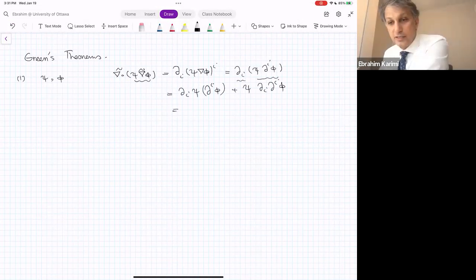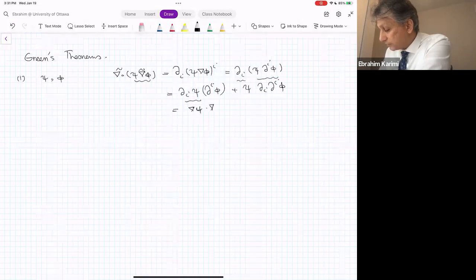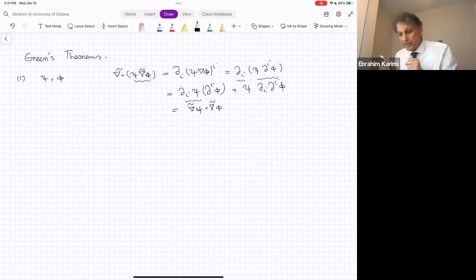If you write it in vector formalism, this one is the gradient of psi times the gradient of phi, because both of them have the same component. So you are taking the derivative with respect to x of psi times the derivative with respect to x of phi.